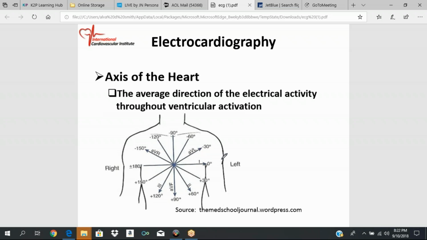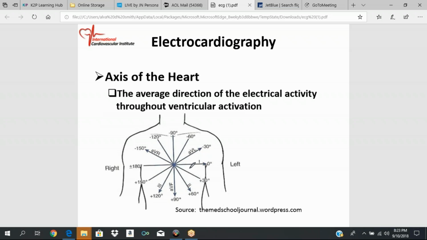So it's horizontal, 0 degrees. Okay? Lead two subtends an angle of positive 60 degrees. So this is lead two right here, positive 60 degrees. Anything below the horizontal is positive, anything above the horizontal is negative.